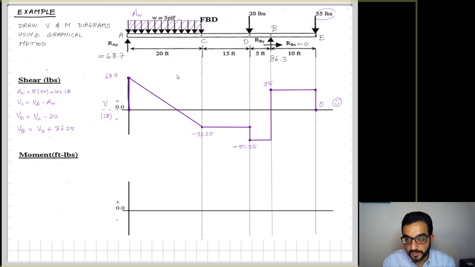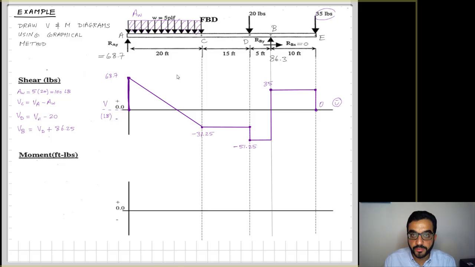So 35 horizontal until I hit the 35 load, which brings me to equilibrium, zero shear at the end tip of the beam. Smiley face. That's a good check: we added up all these delta shears, started from 0 at the left, and ended with 0 at the right of the beam.